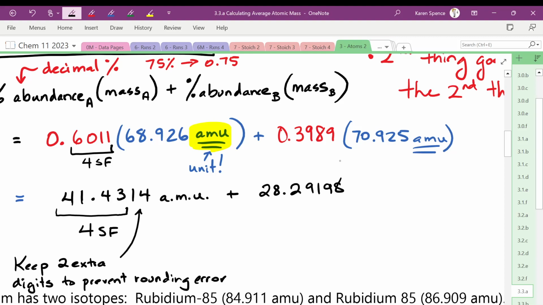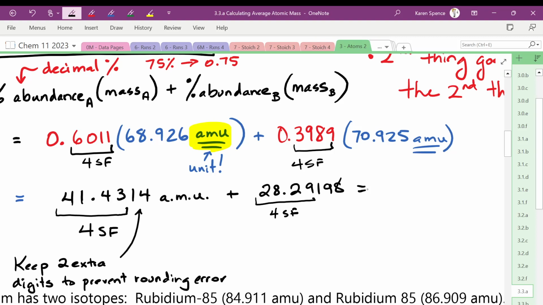All right, how many sig figs would be in that number? 4. Yes, because I've got 4 sig figs here, and I've got 4 sig figs here. It was just too much trouble to do the rounding because it ends up rounding to 28.2920, but that just seemed like a lot of work. So I'm just going to add these two together now.